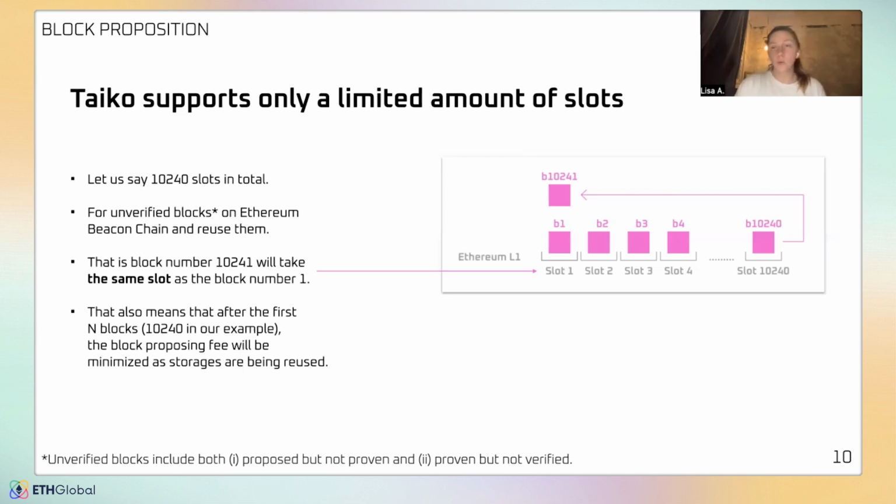And so it's kind of a slot string. And that means that after the first 10,240 blocks were used, the block proposed fee will be minimized as storages are being reused.